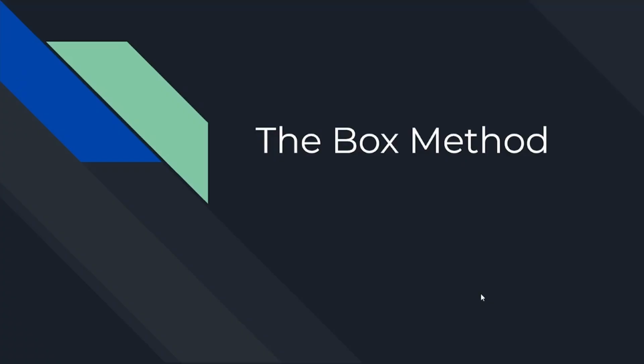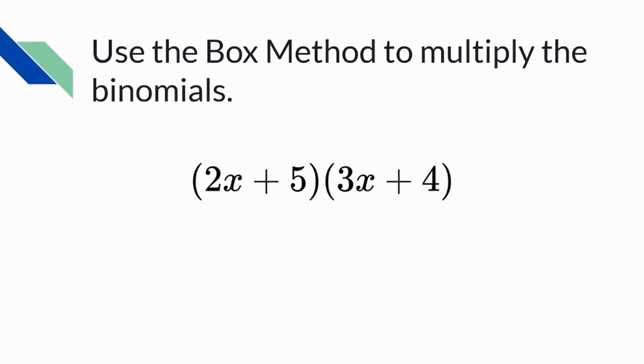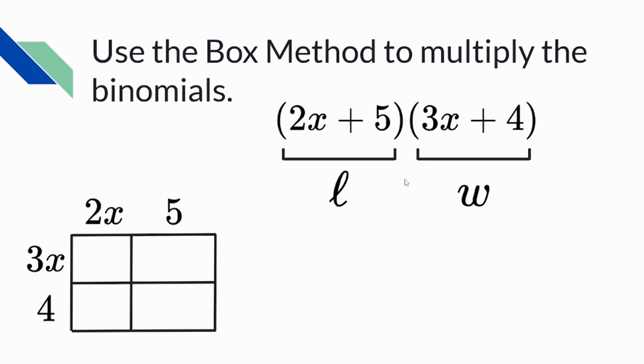All right, next we're going to talk about something called the box method. All right, I'm multiplying the same exact two binomials, so we're going to use a different method and see if we can come up with the same answer. All right, the box method says to treat each of these things in parentheses as a length and this as a width of some rectangle. Okay?